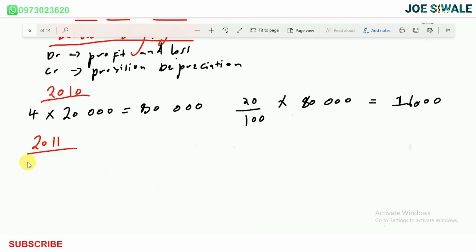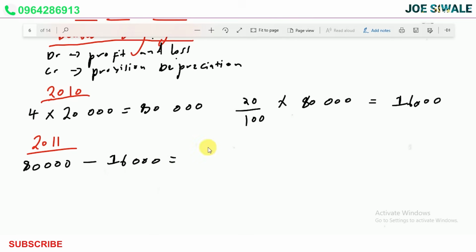So we can put our 2011. So for us to calculate depreciation for the year 2011, and since we are using reducing balance method, we are going to say our cost of the 4 machines there, we know that that's 80,000. We're going to say minus the depreciation that we calculated, which is 16,000.